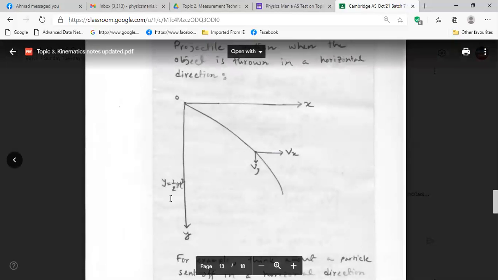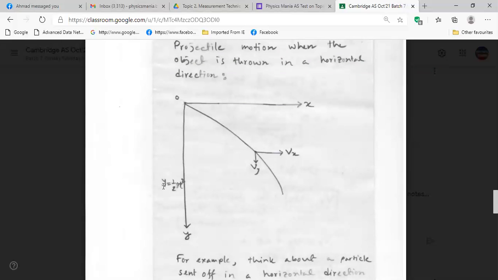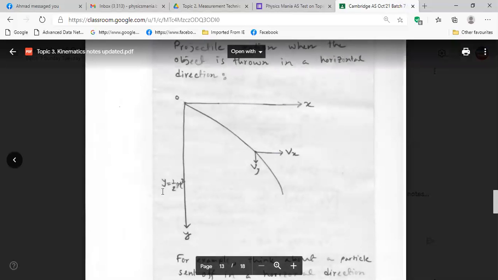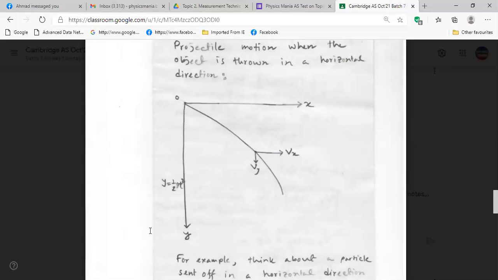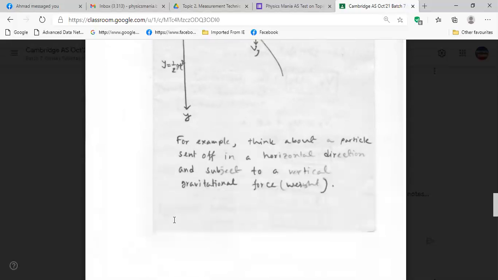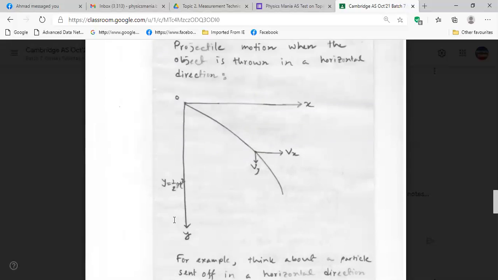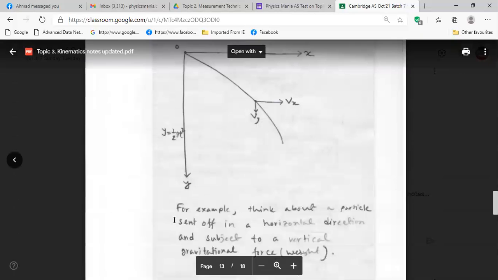And we have here the horizontal displacement of the particle after time t, and the vertical one is half gt square. That one we will discuss step by step. I am just giving you the explanation now.